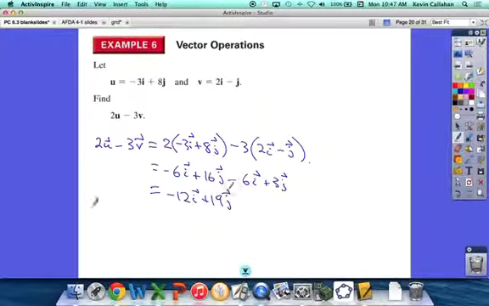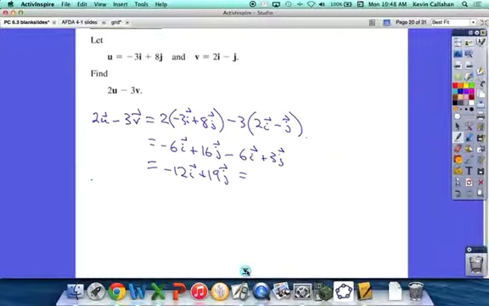What would be the component form of that? If that's a linear combination, what's the component form? Negative 12, 19. So this is the same thing as negative 12, 19.